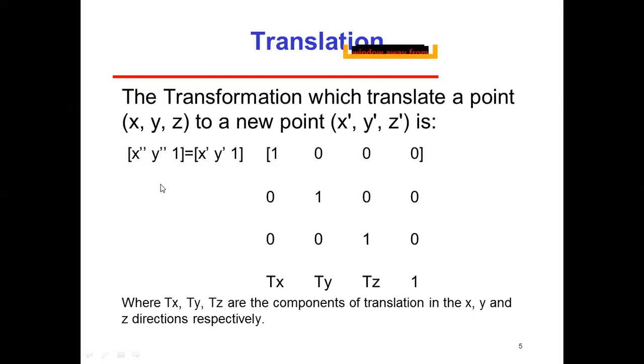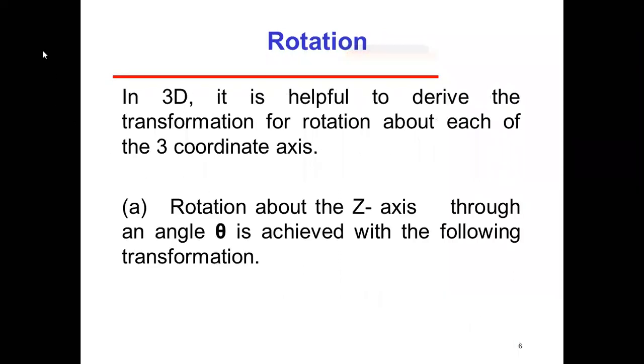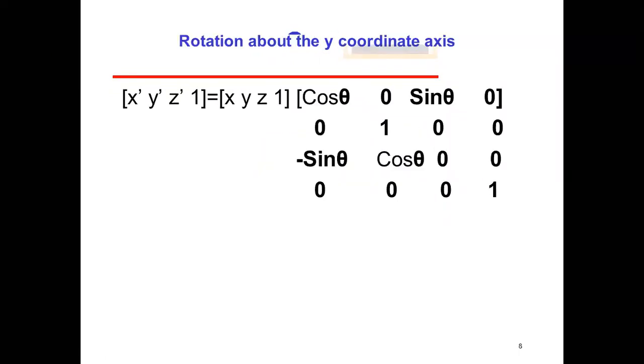Because I am recording this lecture, I am saying it again and again: you can put here z double dash and here z dash 1. Please correct this, and everything else is okay.